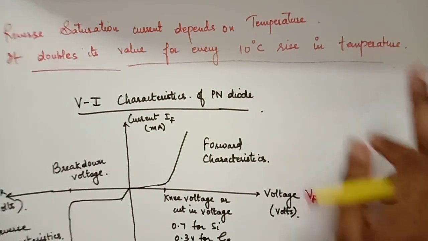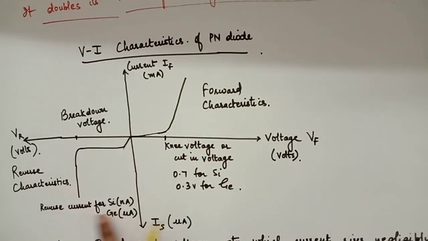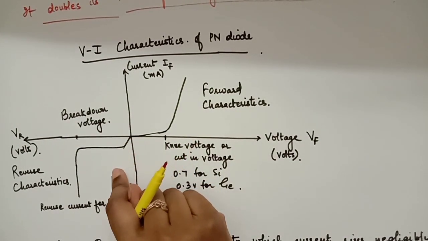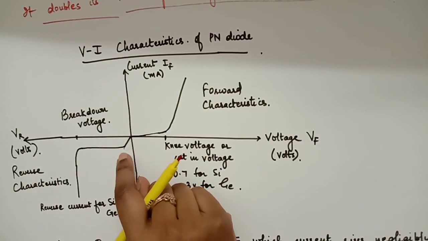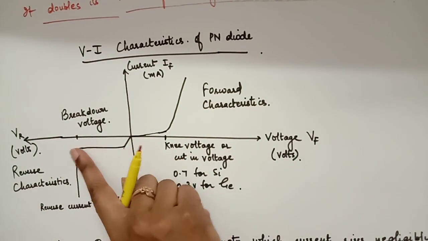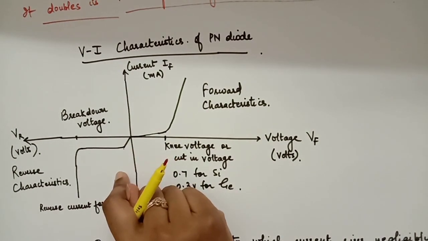So when temperature will increase, this reverse saturation current will further increase, because it depends upon temperature, not on the reverse voltage. That is why it is constant with the reverse voltage.